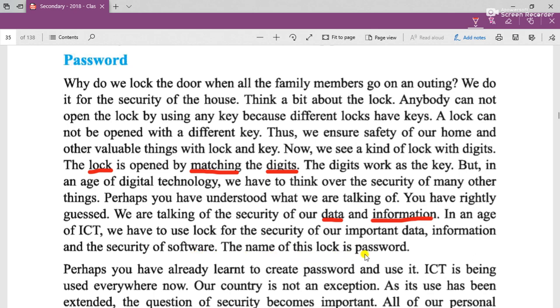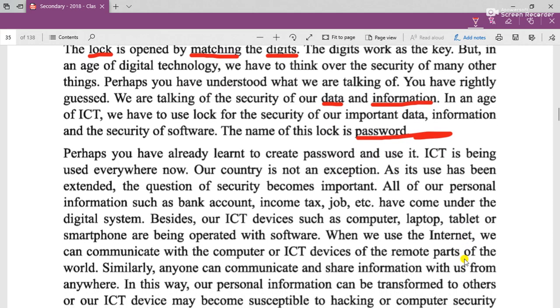The name of this lock is password. Perhaps you have already learned to create a password and use it.